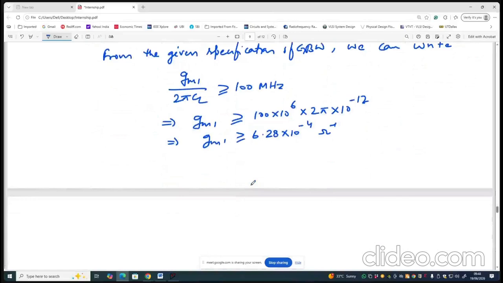So from here, we can write GM1 as 2ID upon VOV, and this shall be greater than or equal to 6.28 into 10 to the power minus 4.